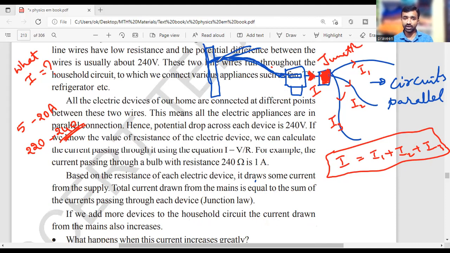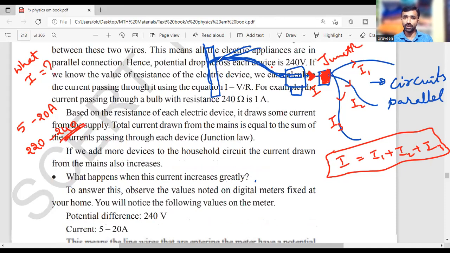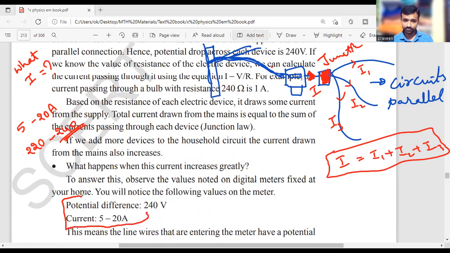That information you are able to read on your meter display. Whether digital meters or analog meters, whatever it may be, you get this information. So the maximum amount of current is 20 amperes.